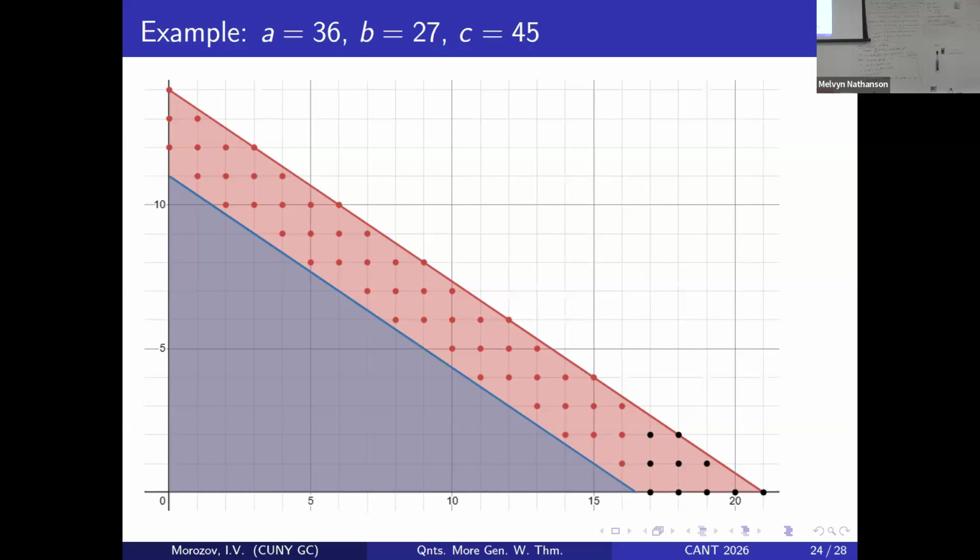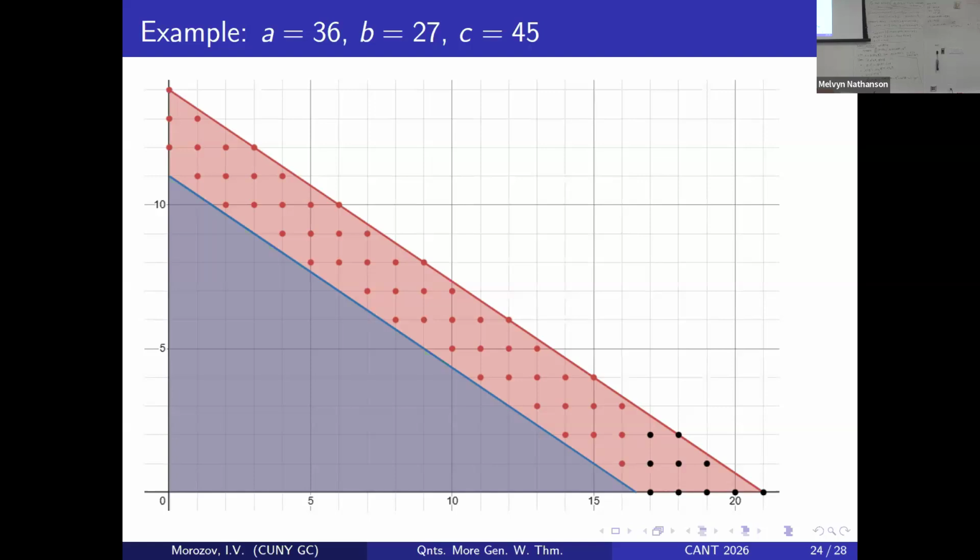If C is different modulo 2 or 3, maybe we'll get one lattice point less or one lattice point more per 3, let's say, y coordinates. And so we just correct for that.